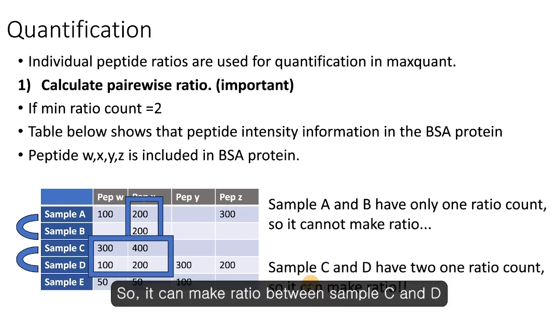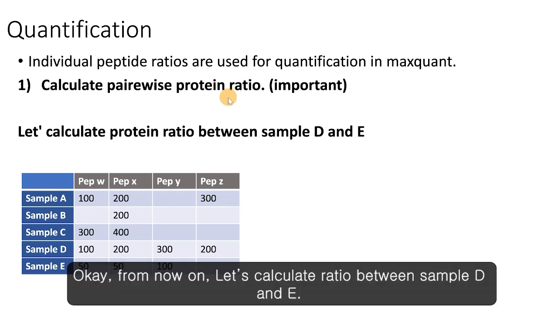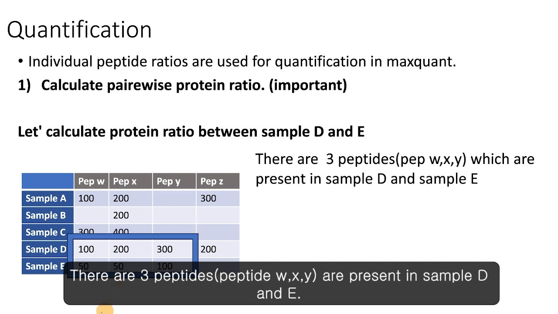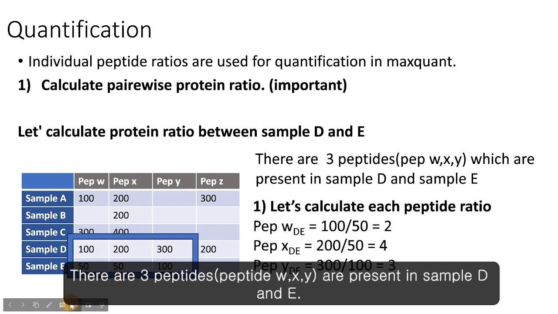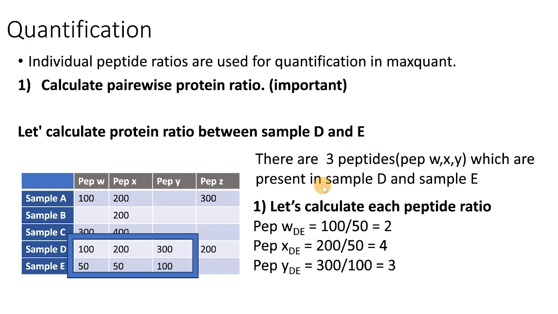So it can make ratio between sample C and D. Okay, from now on, let's calculate ratio between sample D and E. There are 3 peptides, peptide W, X, Y, present in sample D and E. So it can meet the criteria for mean ratio count number 2.